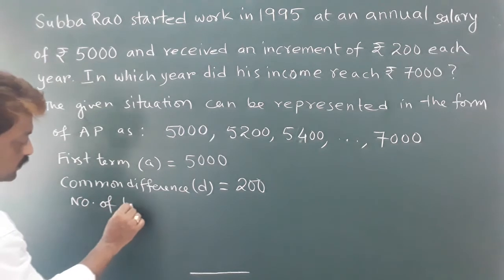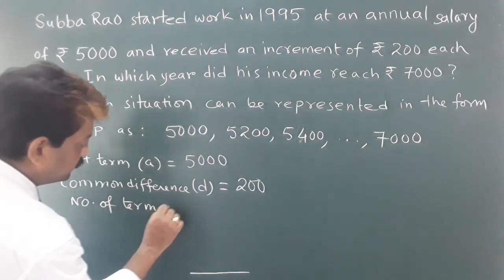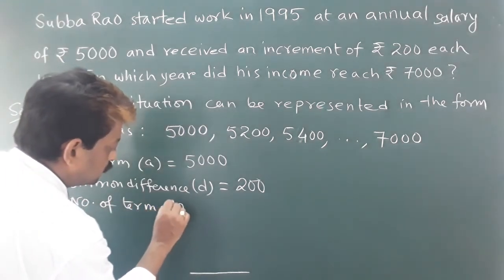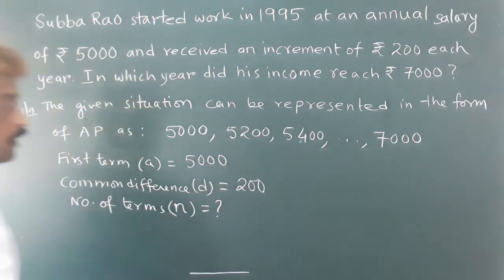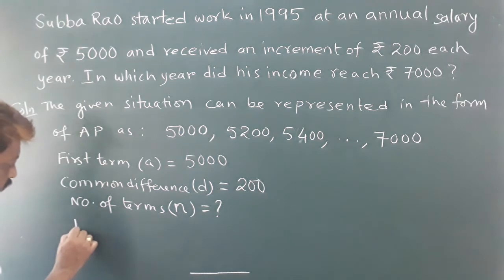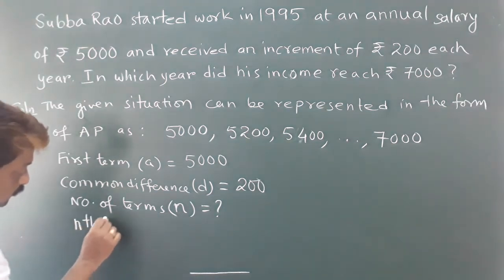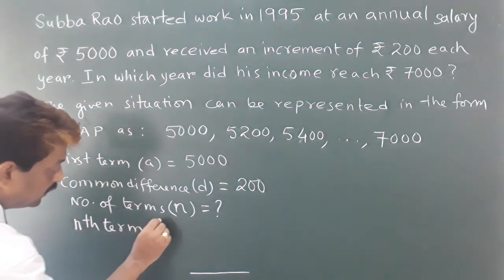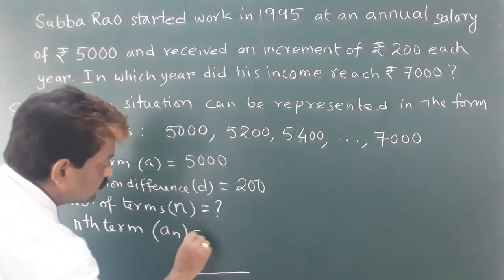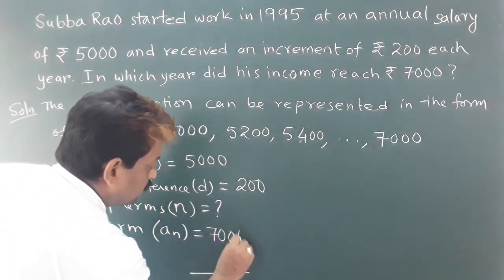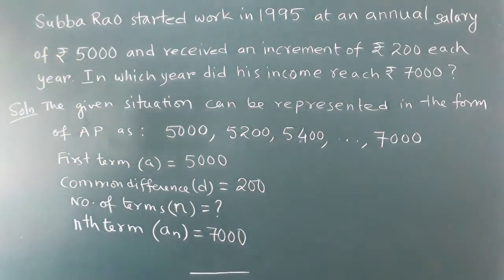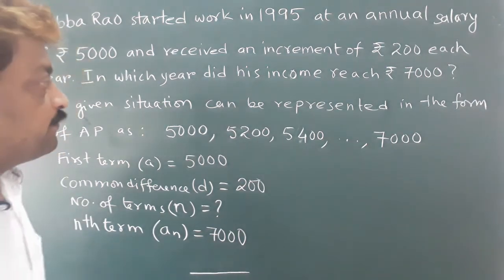The number of terms n we have to calculate, and the last term, that is the nth term, is given as 7,000. So a_n is 7,000. So now let us use the formula.